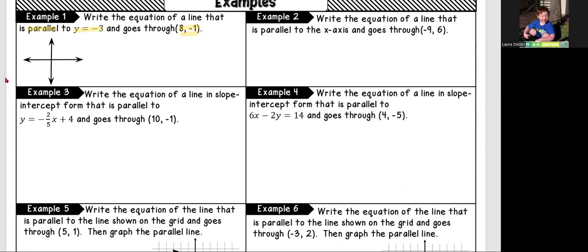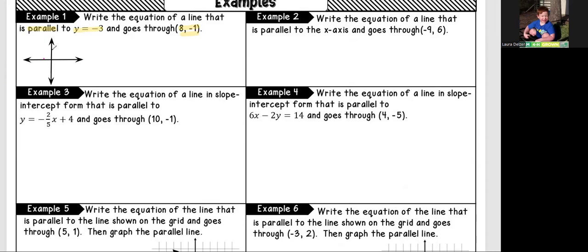Now, it's y equals -3. We're going to go 1, 2, 3. Whoops. See, sometimes even teachers get backwards, right?